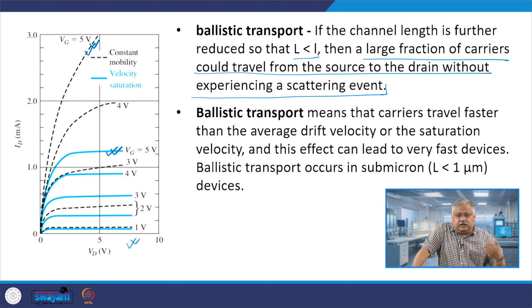Since the carriers travel faster than the average drift velocity of the saturation velocity, this could give very fast devices. Ballistic transport occurs in devices with very short channel lengths, and this gives you a brief idea of what ballistic transport means. Many researchers are working on devices where ballistic transport has been used to showcase a larger current, especially in very short channel devices.